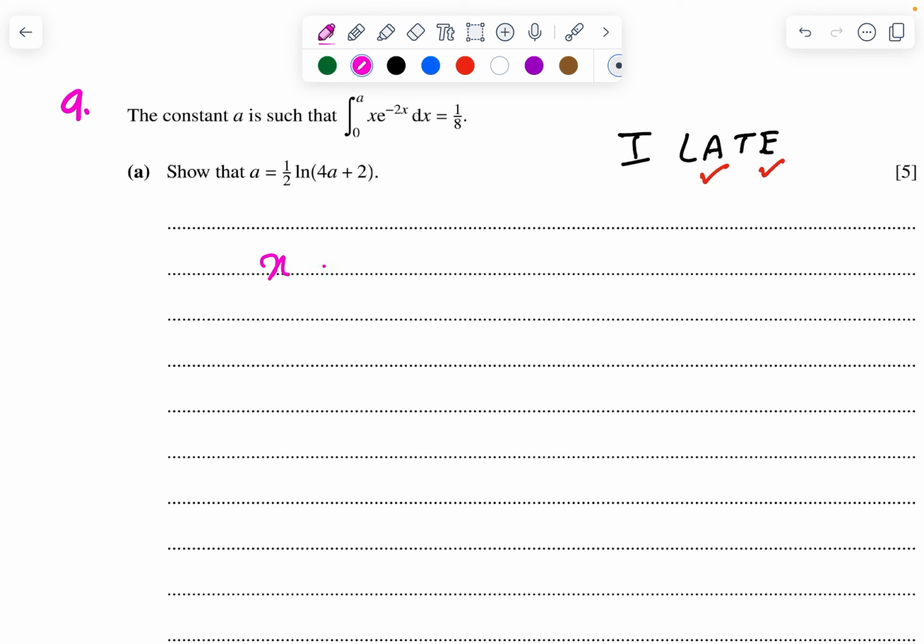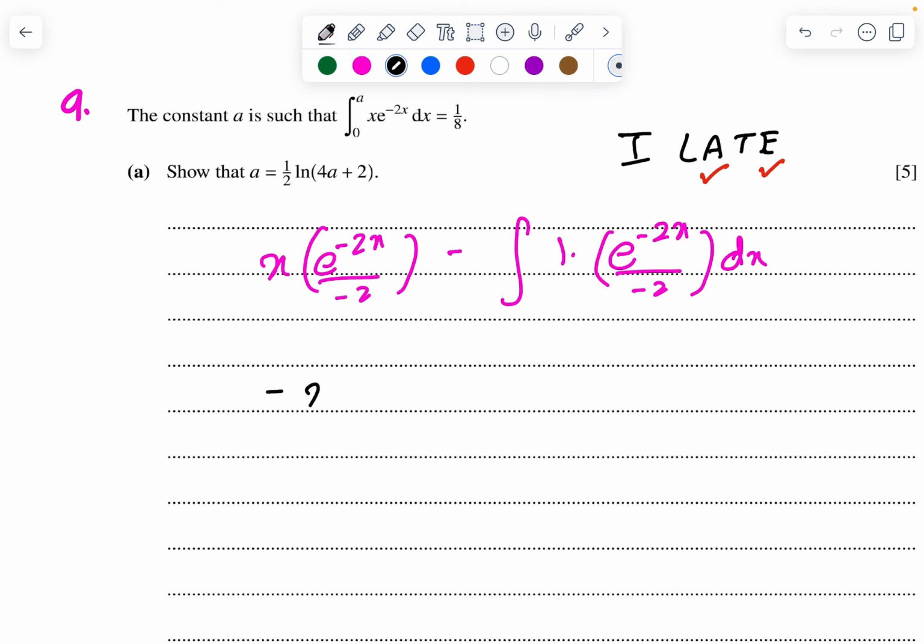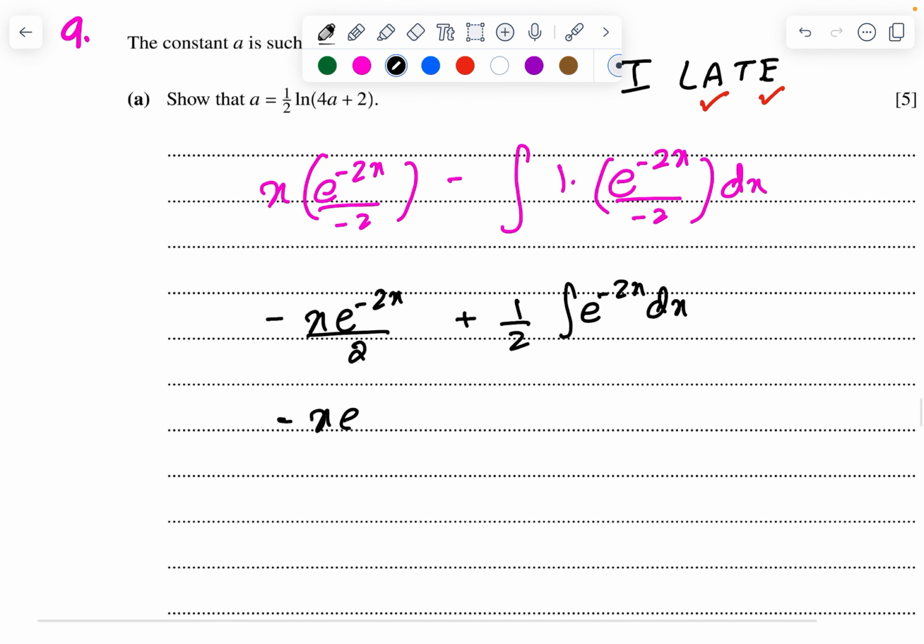So first function, integral of second function, minus integral of derivative of first, integral of second. So it becomes minus x e power minus 2x by 2 plus 1 upon 2 integral of e power minus 2x dx, which is minus x e power minus 2x upon 2 plus 1 upon 2 e power minus 2x upon minus 2.